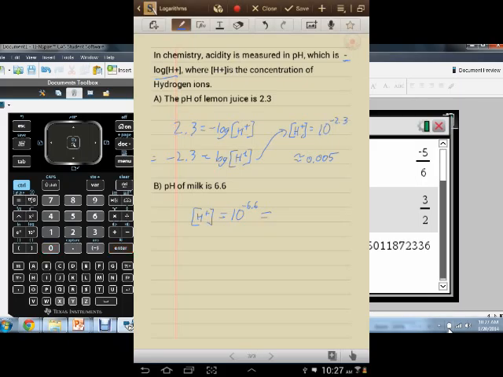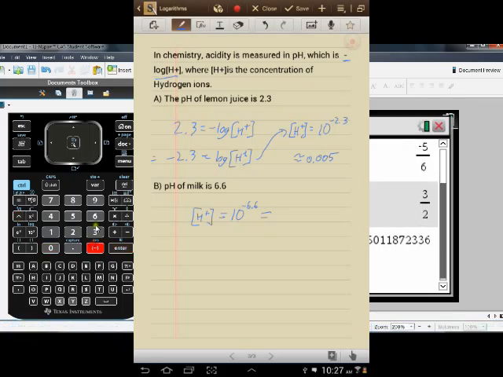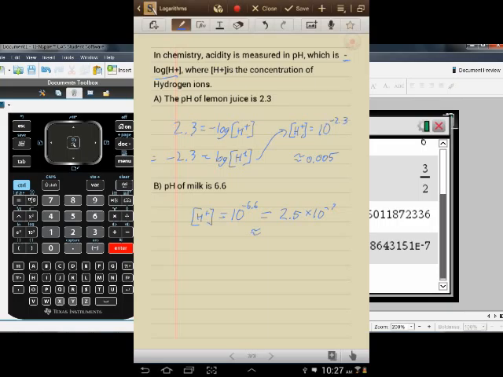What I get then is 2.5 times 10 to the negative 7th, which is a teeny tiny little bit, which means only 25 out of every 100 million particles in milk is a hydrogen ion.